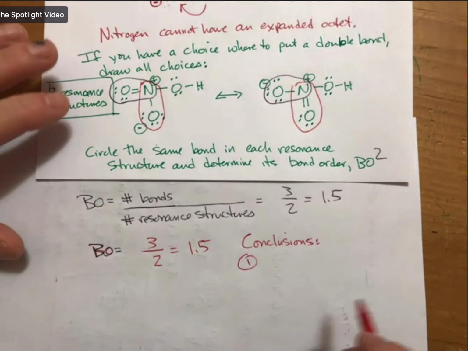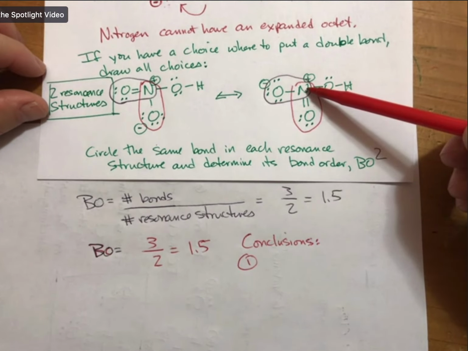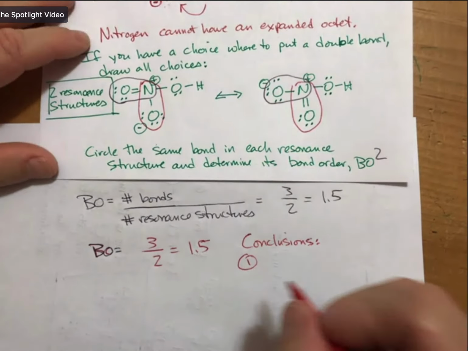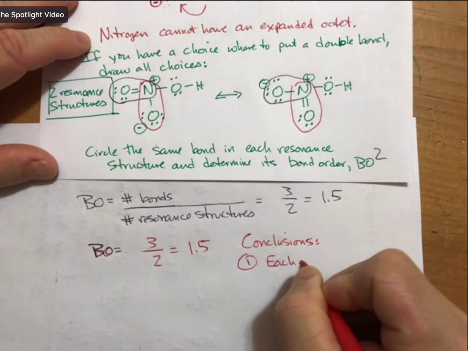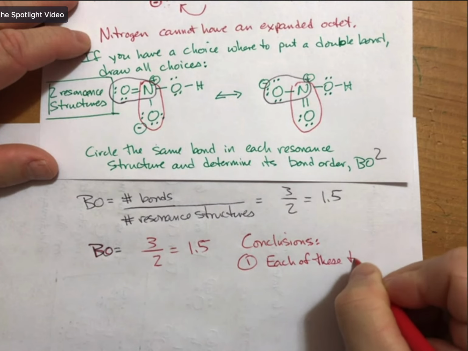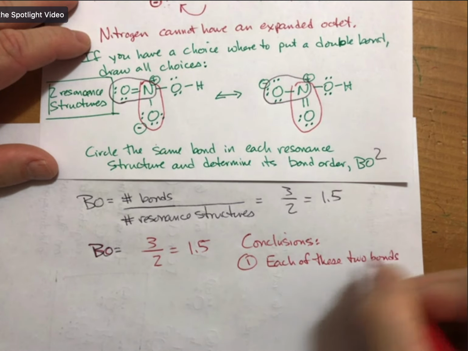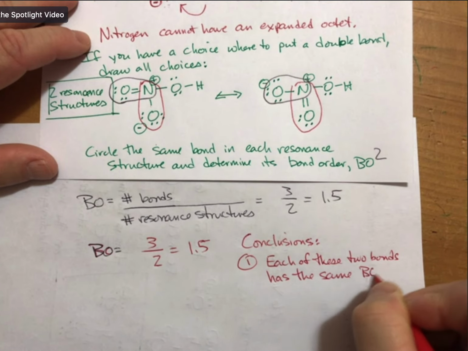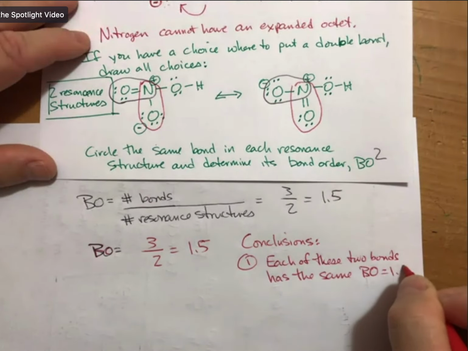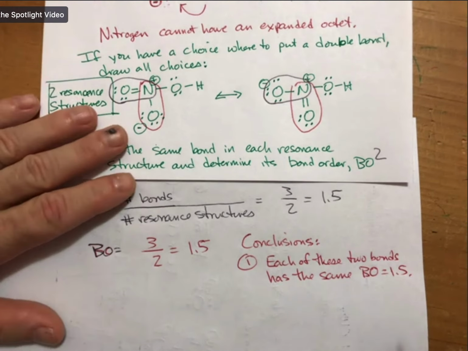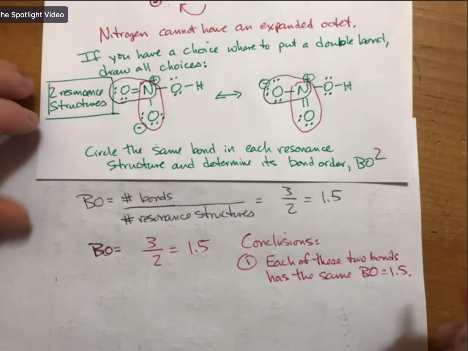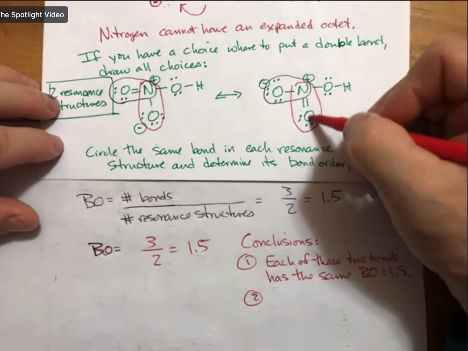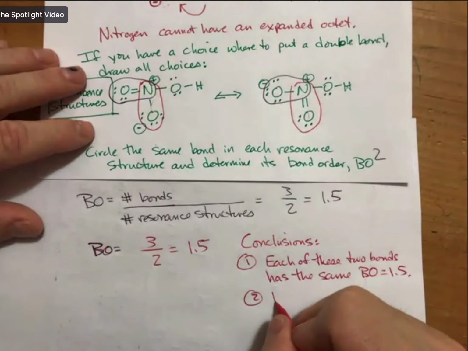One, each of these 2 bonds has the same bond order. And 2, these 2 bonds are identical.